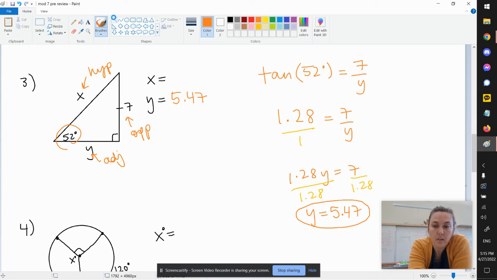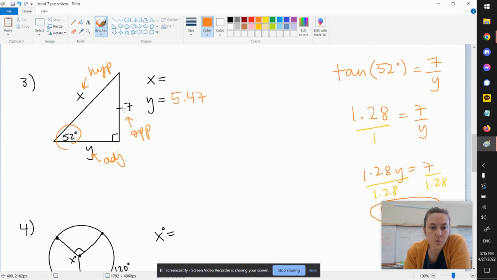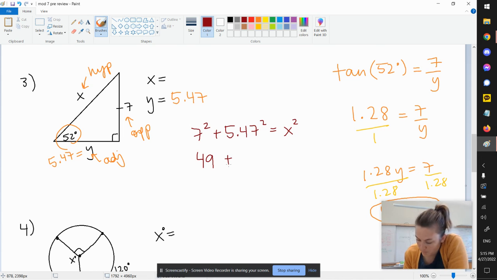Could I have done this another way? For sure. I chose this one because I now want to use the two legs, the two shorter sides, to find my hypotenuse, right? I know that 7 squared plus 5.47 squared is x squared. So this is 49, 5.47 squared.